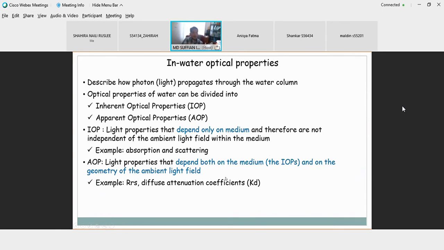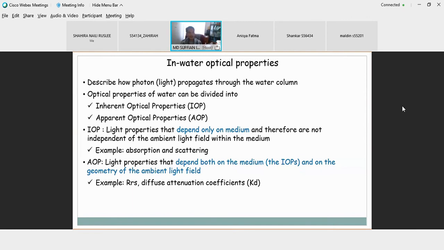In water optical properties yang saya katakan tadi, dia ada reflectance, and then for the particle, dia ada process of absorption, process of scattering, sama juga for the terrestrial object pun dia ada proses absorption, dia ada proses scattering. Tetapi kita asingkan ataupun kita divide light properties into inherent and apparent optical properties.